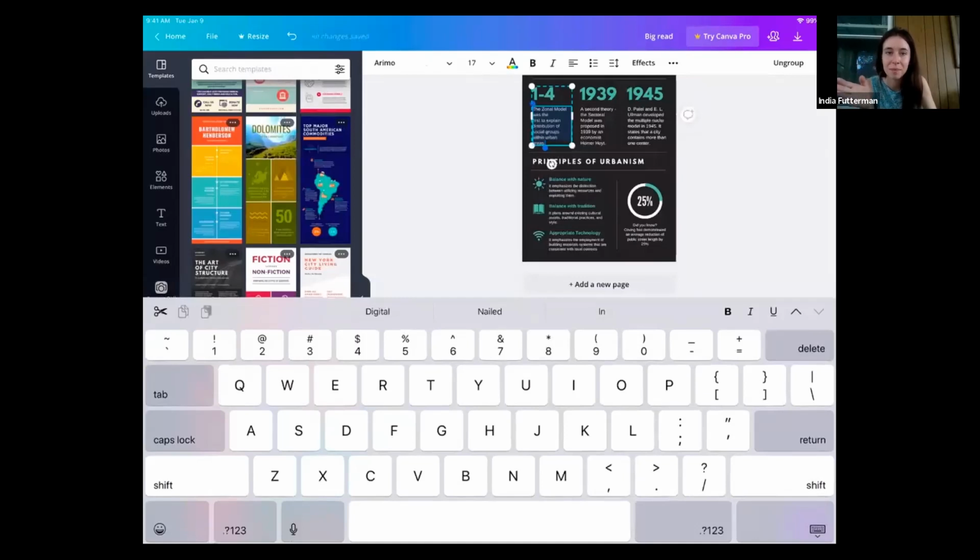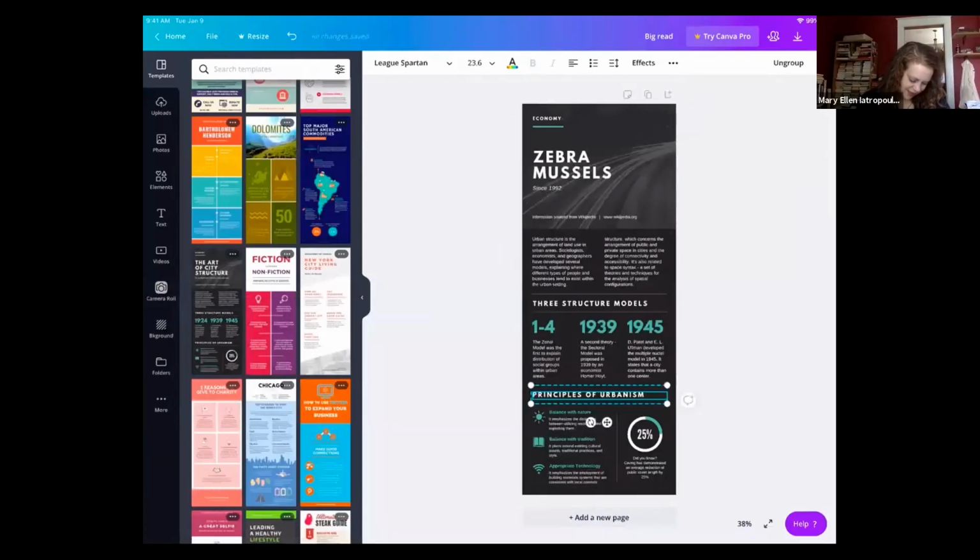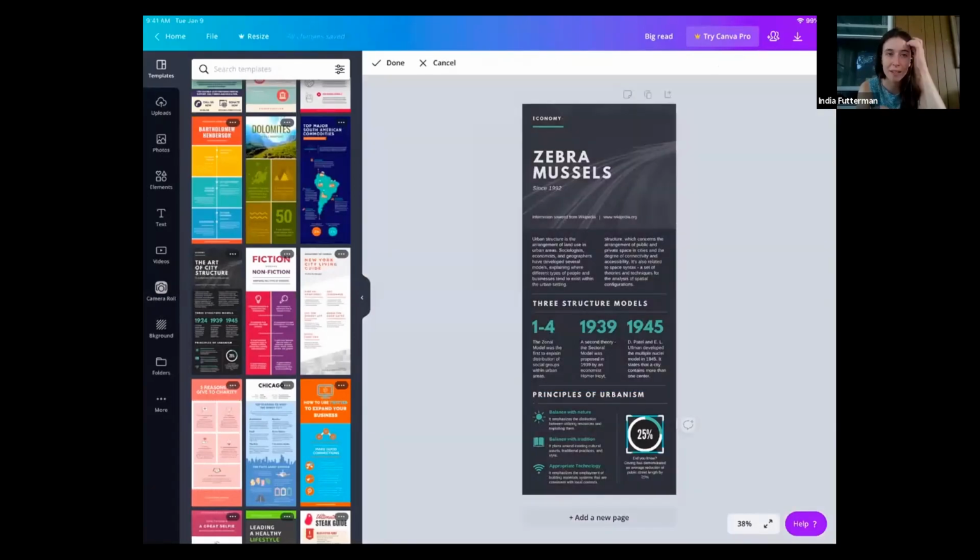I don't know if I said that in a way that made sense, Mary Ellen, but if you zoom in on these principles of urbanism, these 3 icons, that's what I was trying to refer to. Because we don't have a number to create a graph, we'll instead use imagery to emphasize that zebra mussels constitute more than half of heterotrophic biomass.